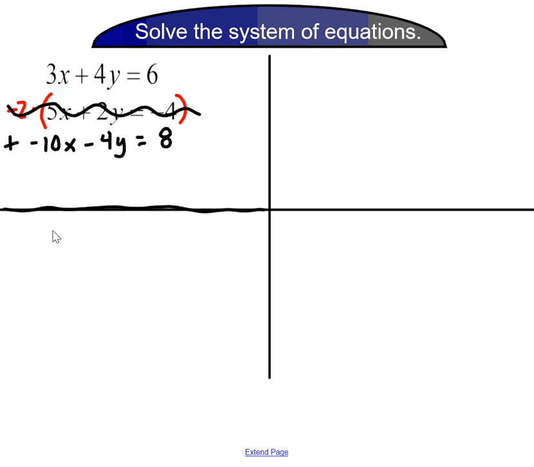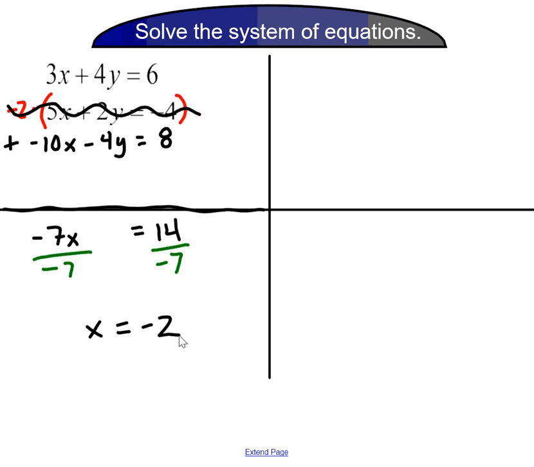So I would have negative 7x, 4y plus negative 4y cancels out, and then 6 plus 8 is 14. I'm going to divide both sides by negative 7, and I get x equals negative 2.